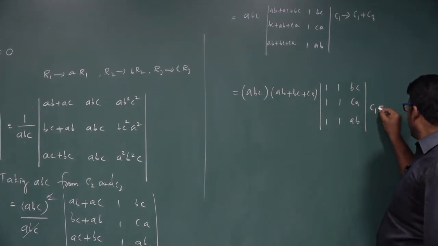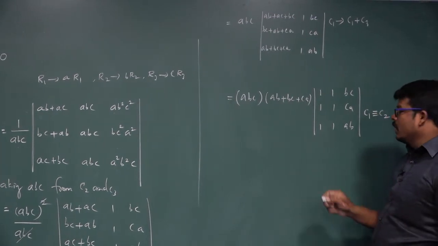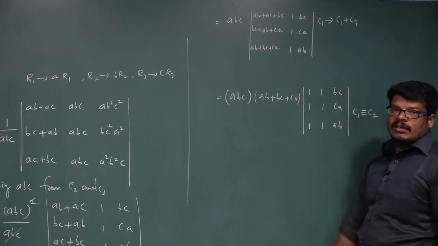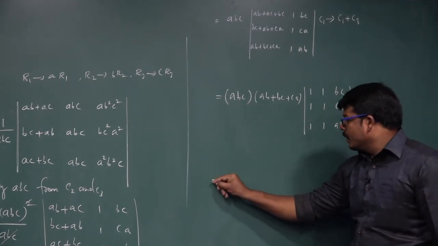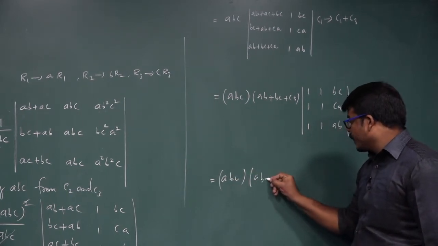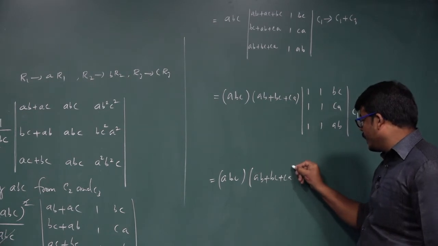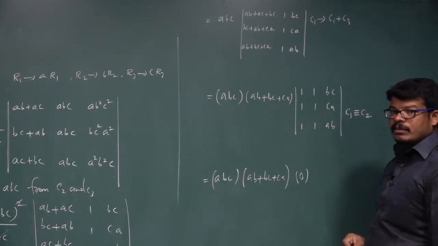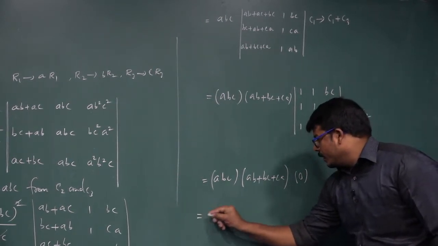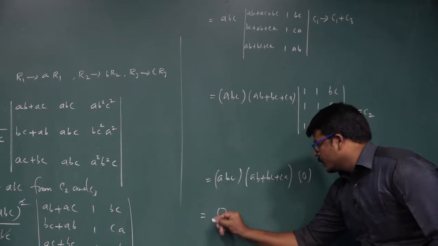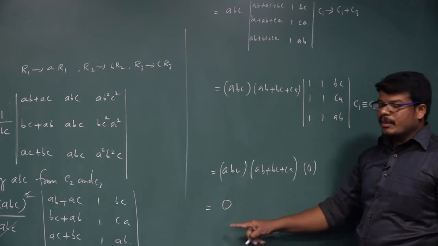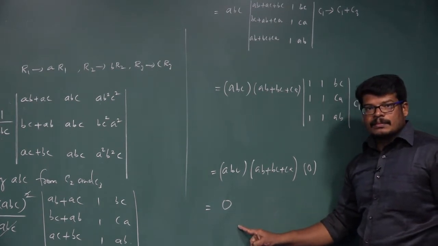If any two columns are identical, the determinant value is 0. So the total value is ABC into AB plus BC plus CA into 0, which equals 0. It is the RHS. Hence it is proved.